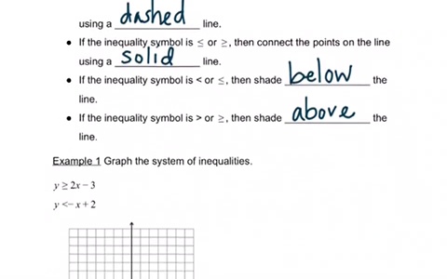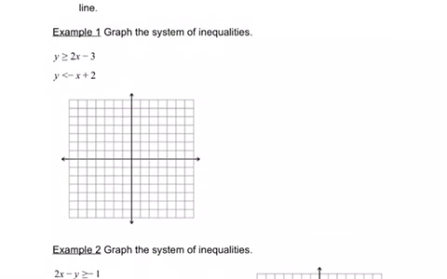So let's try an example. Let's graph this first system. The first equation says y is greater than or equal to 2x minus 3. That inequality has a y-intercept at -3. So I'm going to plot a point at -3 on the y-axis. My slope is 2.